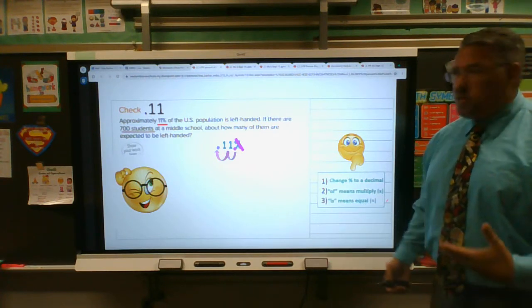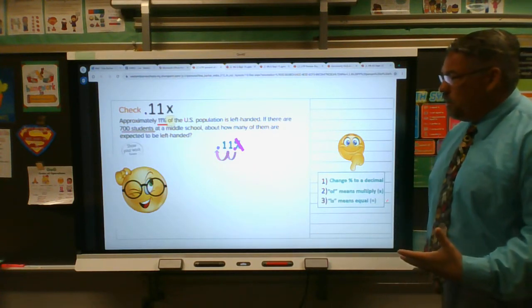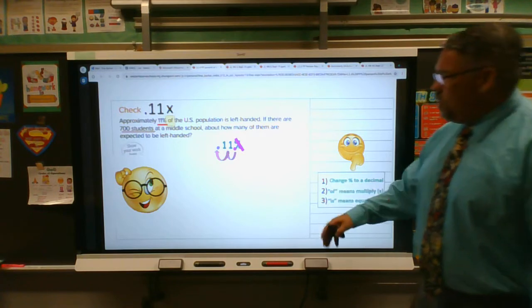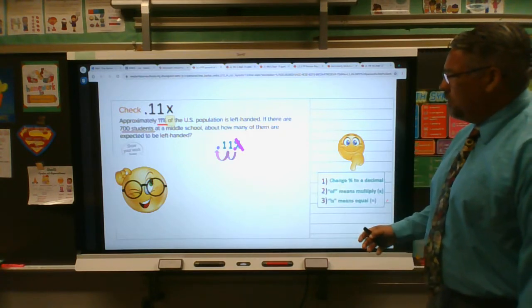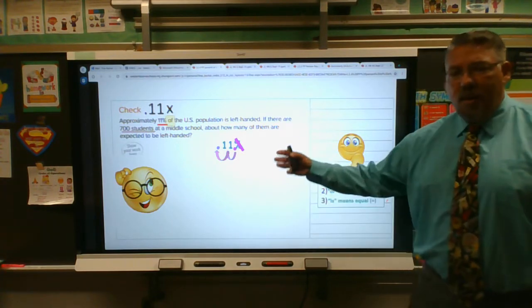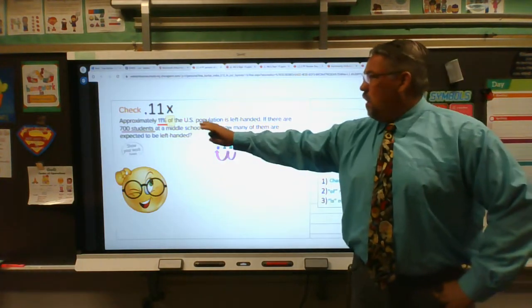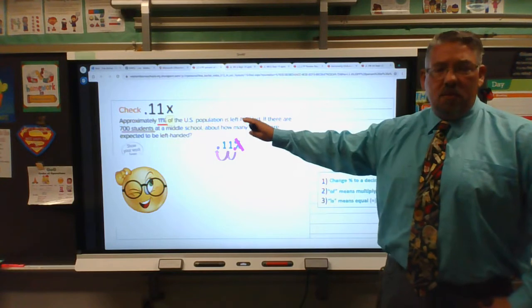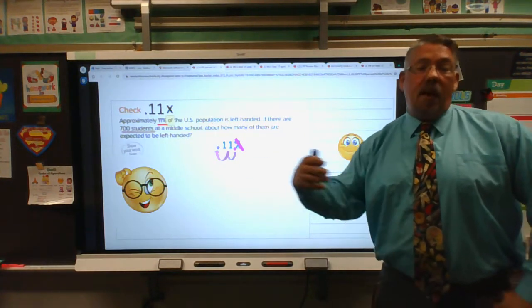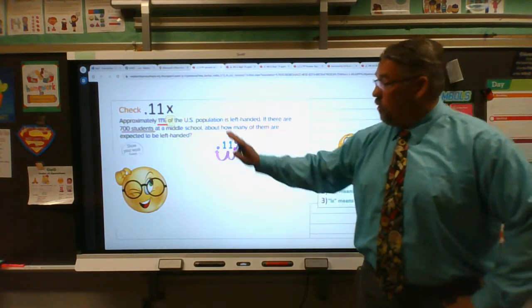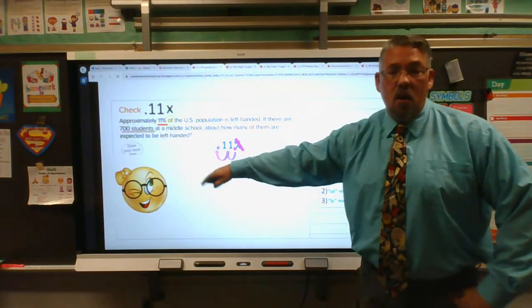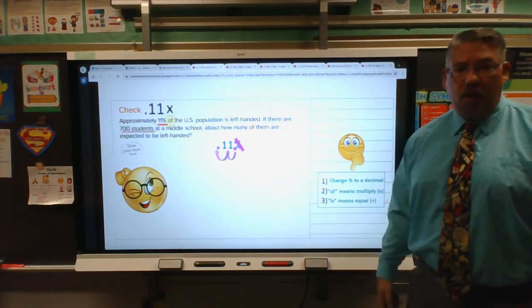And of, once again, tells me that I'm multiplying. But it says of the US population. Well, what they're saying is if in general about 11% of the US population is left-handed, then if we take a poll in a building where there are 700 students, we're just going to count that as our population.